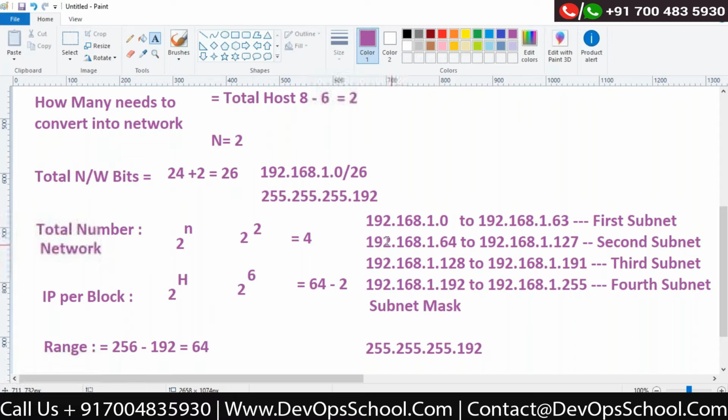Now you know that the first IP address and last IP address, I cannot use it for every network, whether it's a subnet or classful or classless. So every subnet you will get only 62 IP address, because I told you -2, only 62 IP address.